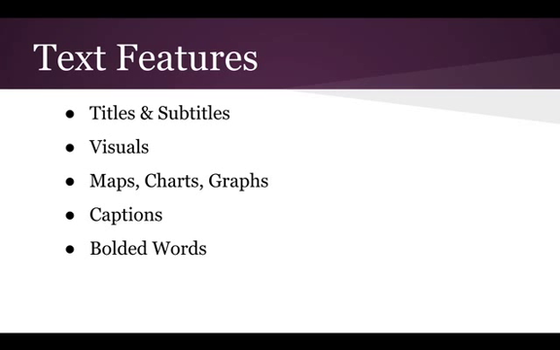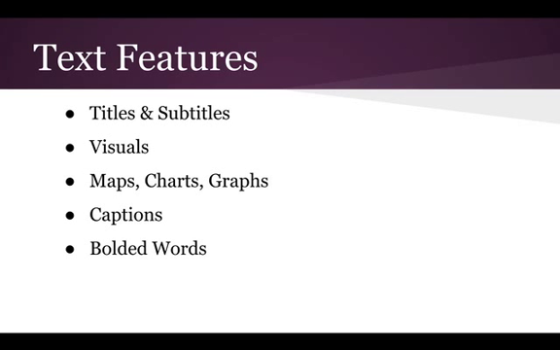So titles and subtitles are really, really important because that's where the reader looks first to figure out what you're writing about. Visuals are great because there's a lot of people out there that learn from seeing, and visuals are things like pictures, photographs, artwork that you can include to enhance your reader's understanding, to let them see it and to understand it better. Other visuals that work really well are maps, charts, and graphs.